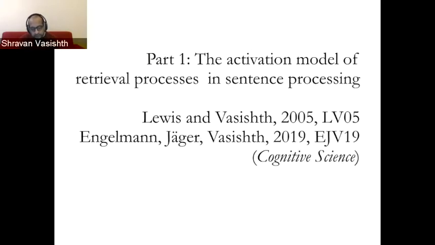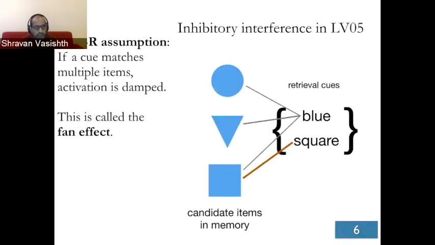I'm going to start by talking about the background ideas that led to this model of sentence processing. The main paper that describes the model is the Lewis and Vasishth paper in Cognitive Science in 2005. Then in 2019, we published an extension of this model in the same journal. These are the two papers that spell out a lot of the technical details of this line of work.